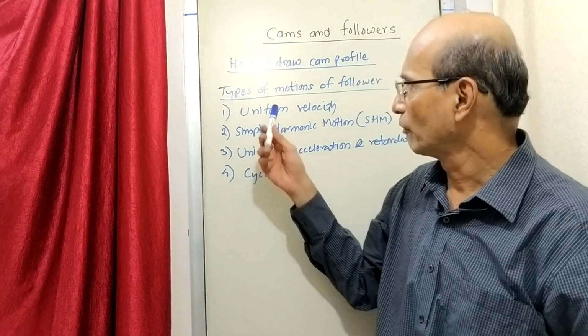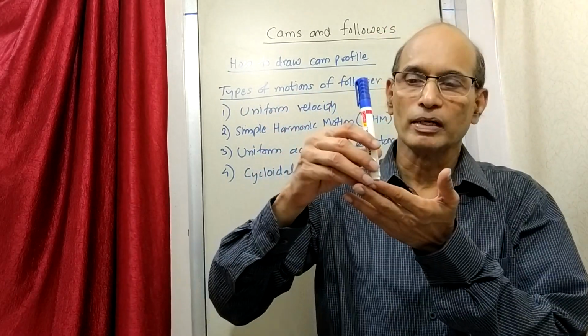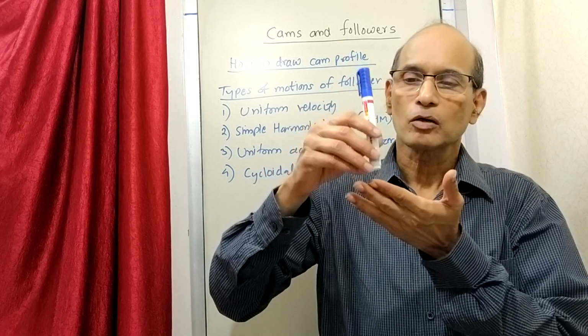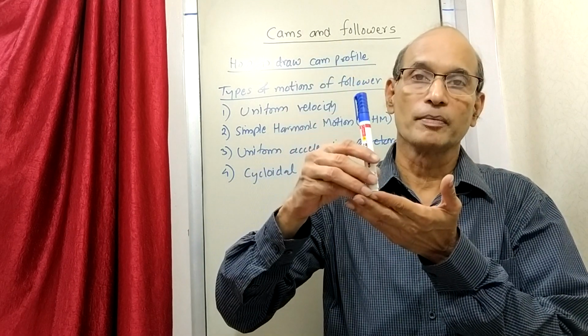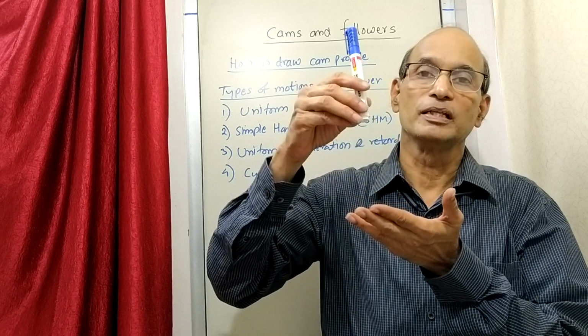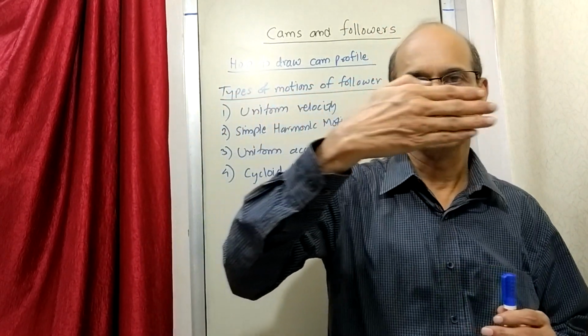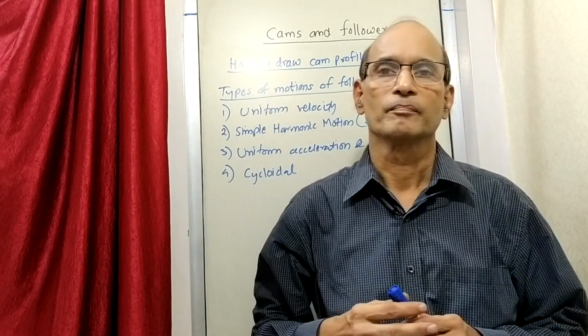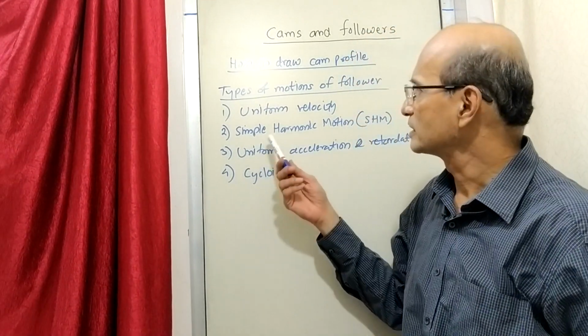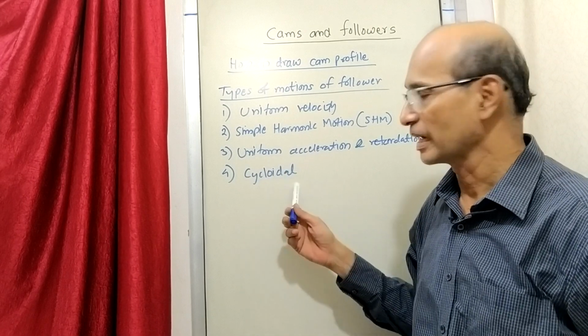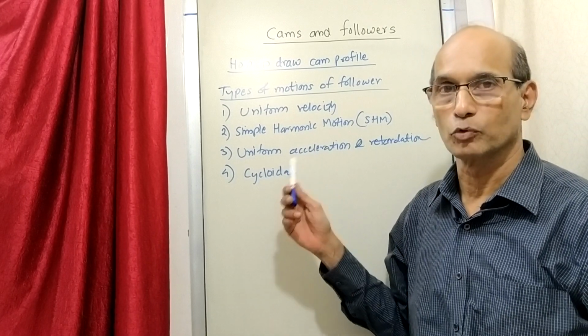When it says uniform velocity, that means it is covering the 20 millimeter distance in a certain time with a constant velocity, no acceleration, no retardation. Then the second is simple harmonic, which we will see one by one, then uniform acceleration and cycloidal.